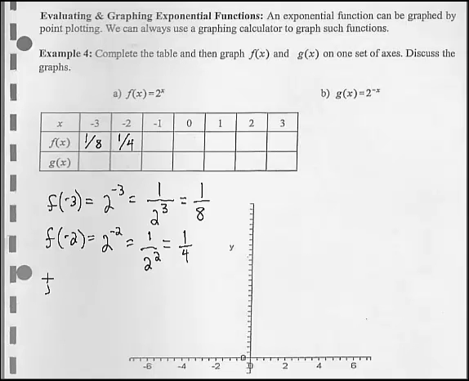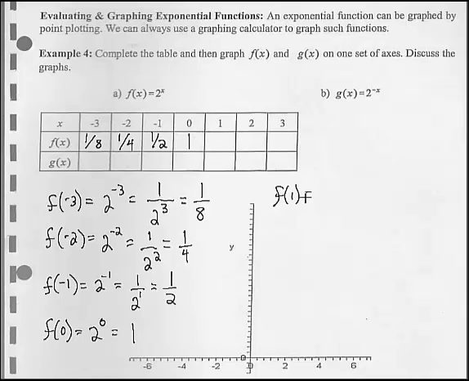The next value we have is f of negative 1. If we write 2 on the bottom, our base, then the negative 1 becomes a positive 1, which can be interpreted as simply 1/2. Next we have f of 0, and so we write 2 to the 0 power, and anything raised to the 0 power is 1.